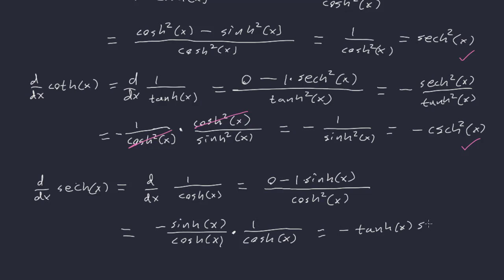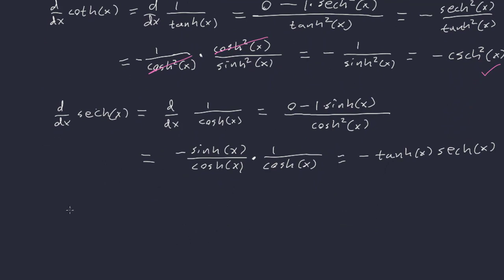That's going to be secant h of x. And check that out. It's a very similar rule, but a little bit different, because in the normal trig functions, we would have introduced a negative here and it would have made the whole thing positive. Here we don't have that, so because we're using the quotient rule, we end up introducing that negative and it doesn't get canceled away by introducing another one.